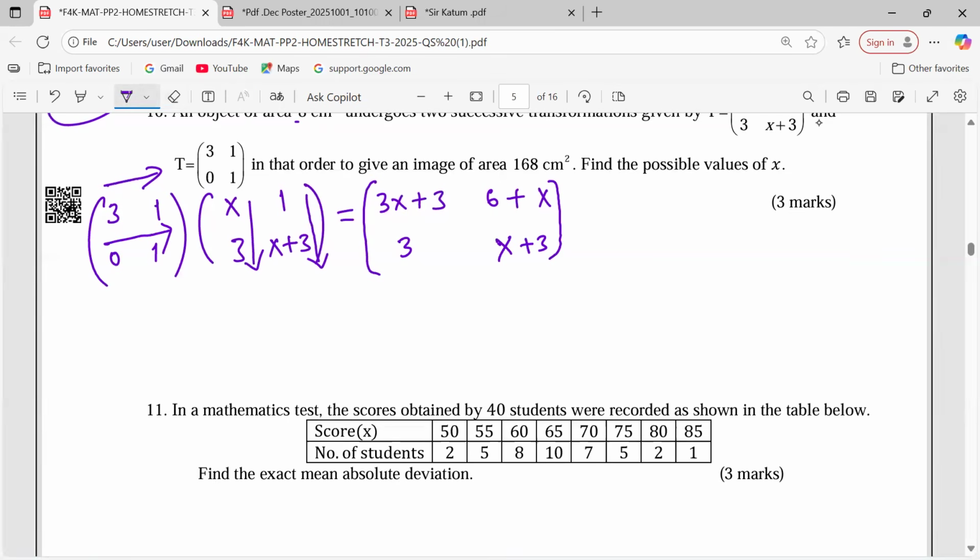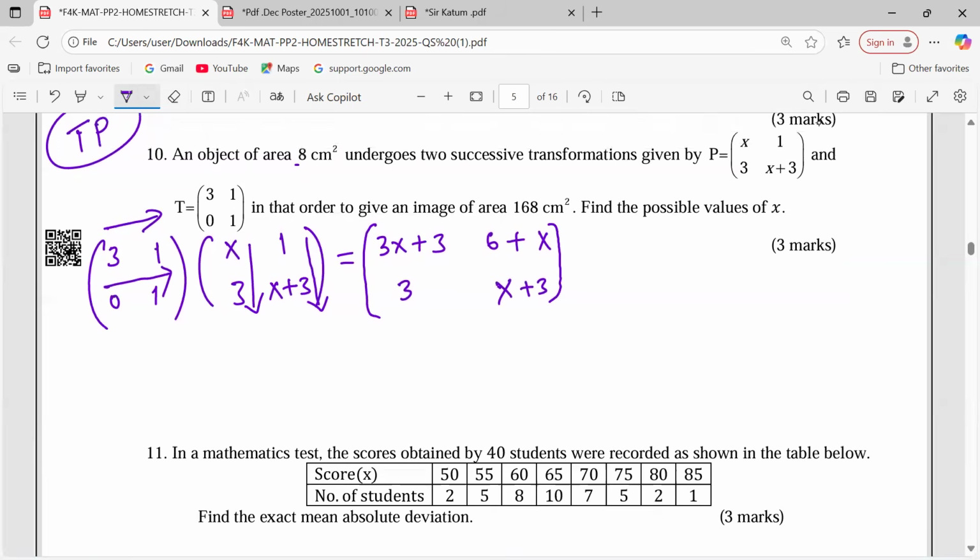So this is a single transformation matrix that replaces the successive transformation TP.